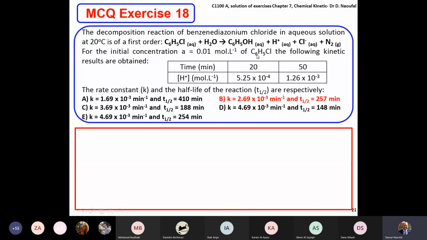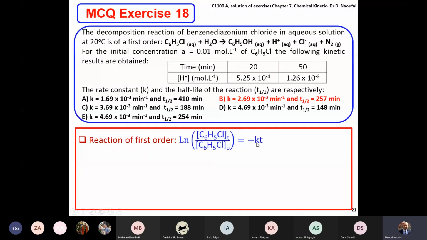So what to do? From H+ formed, we can deduce C6H5Cl reacted, and from C6H5Cl reacted, we can know C6H5Cl remained, since the initial concentration of C6H5Cl is given. So this reaction is of first order. That means ln of A_t divided by A_0 equals minus Kt.